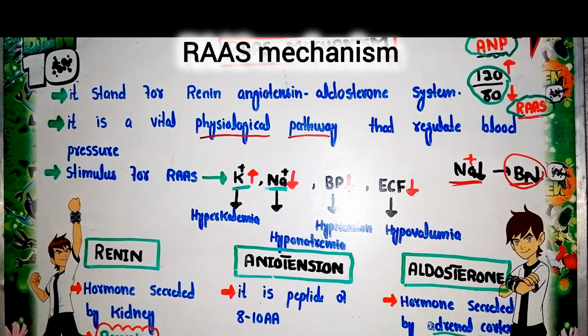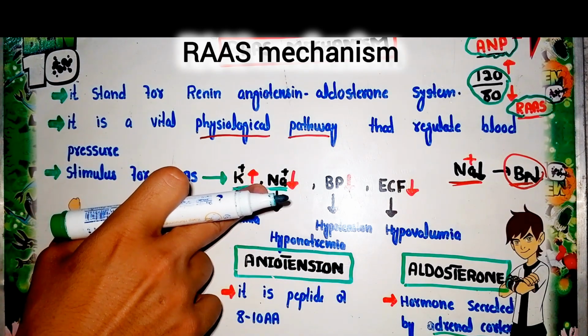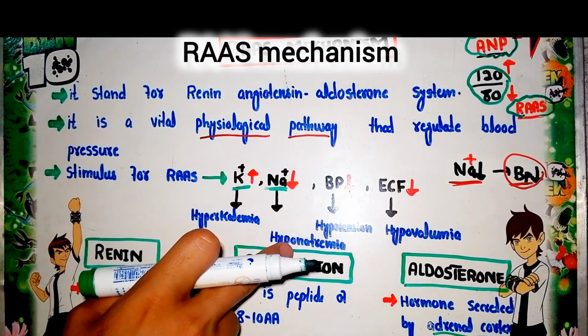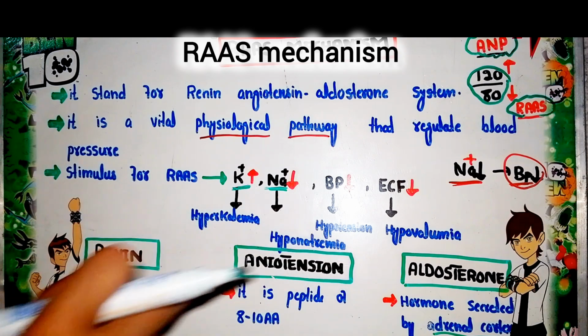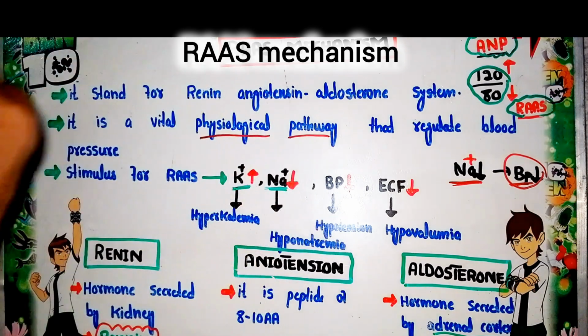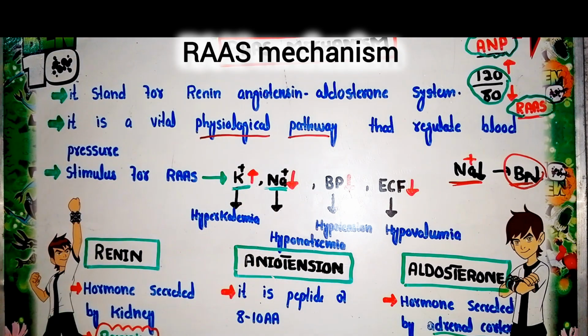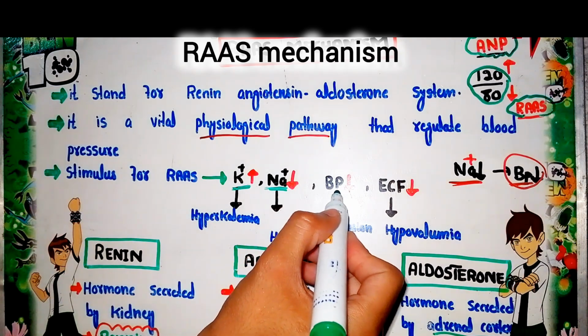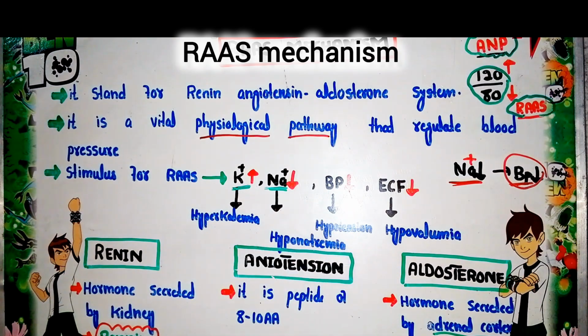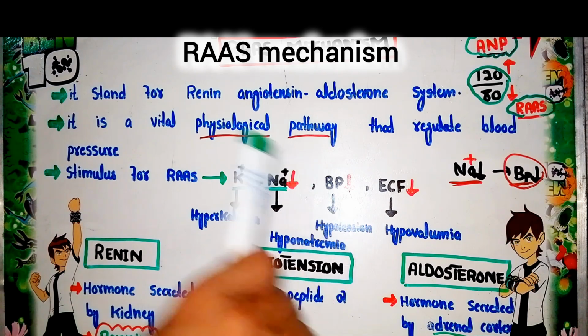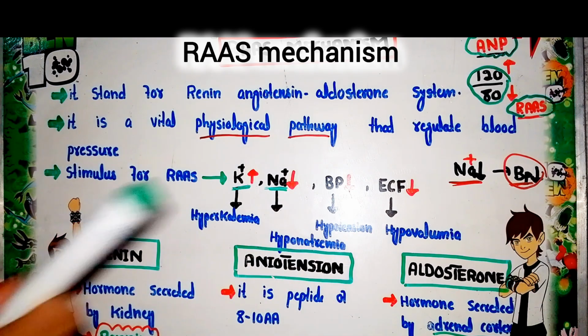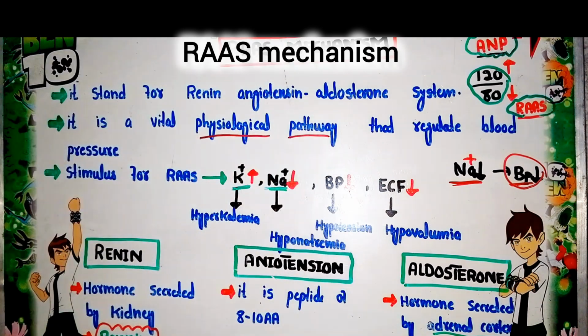This low concentration of sodium ion we call hyponatremia. This is also a stimulus for the operation of the RAAS mechanism. The third one is when there is a drop in the blood pressure. We call it hypotension. In this case the RAAS system is operated.